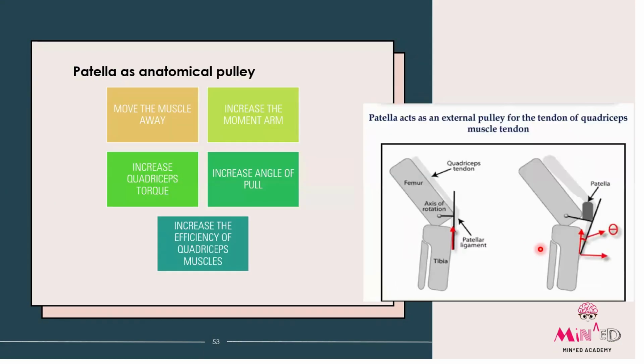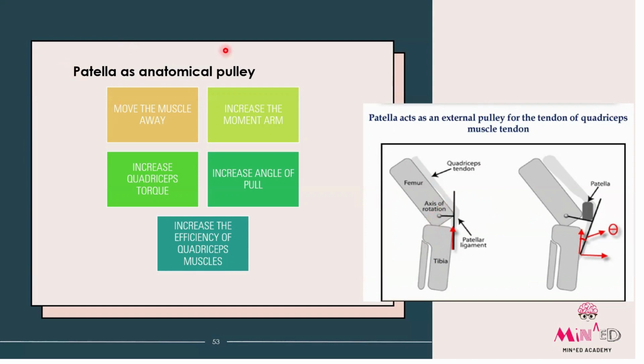Here in one more diagram you can see the patella acts as an external pulley for the tendon of the quadriceps and muscle tendon. This is the axis of rotation, the quadriceps tendon, the femur, and this is the tibia. So this will act as the pulley. This will be the rope.